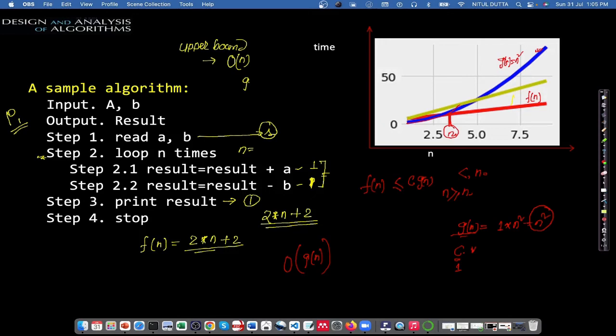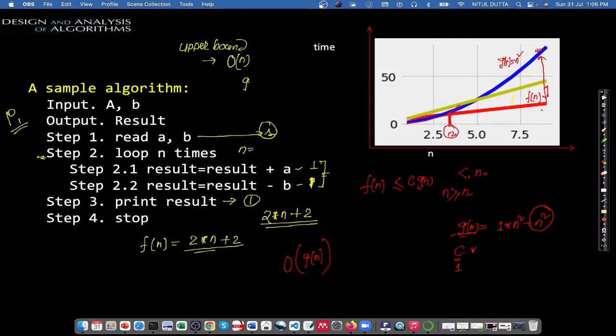But if I look here, there is a huge gap between the function f(n) and g(n), where g(n) is n square. Now we have to find the function g(n) such that it just goes above f(n), but not necessarily n square, because n square goes very high.